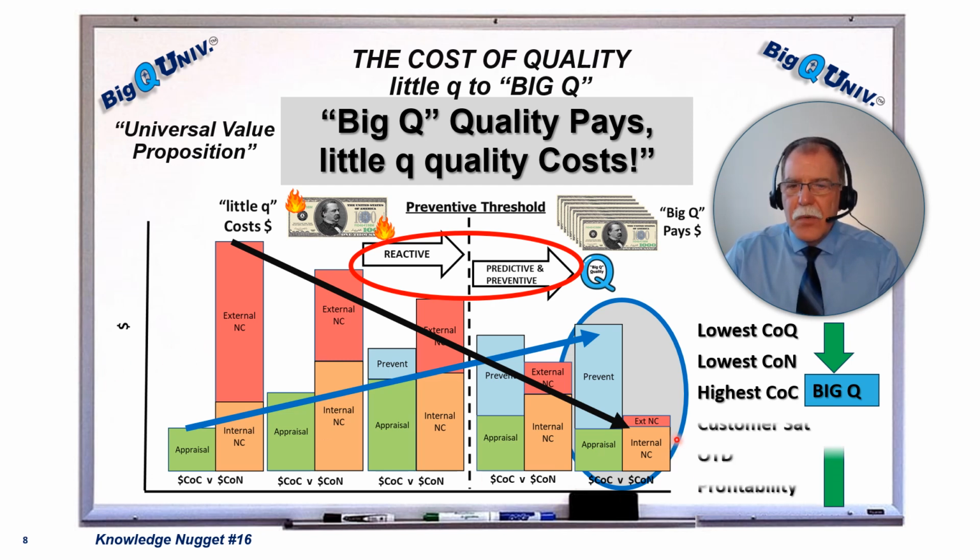We also know that this is going to have an impact on customer satisfaction improvements. It's going to improve on-time delivery, and it's going to improve organizational profitability. So always remember, big Q quality pays, little q quality costs.